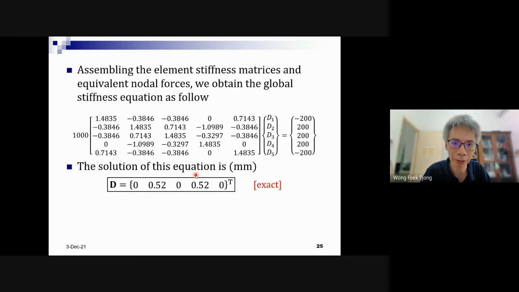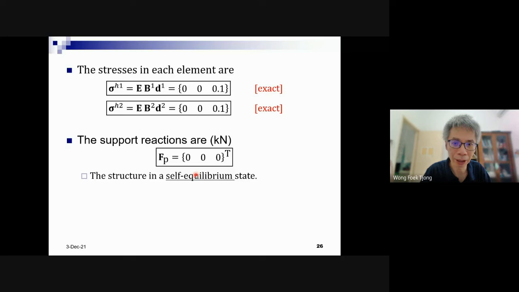Actually, no need for supports in reality for this structure. Any questions? So whenever you find that there are some external forces, but the external forces are in a condition of self-equilibrium, the support reaction is always 0, okay?